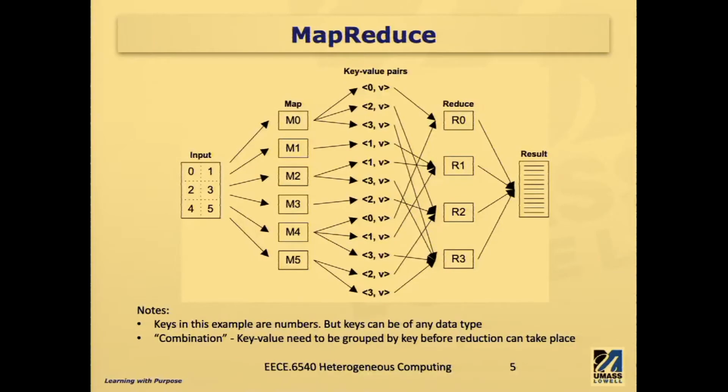And so if for some reason the input data from the original problem assigned to M1 does not have information related to key value 2, or keyword 2, then of course the output from M1 will not have that key value pair. So when this mapping stage happens, all these 6 processors or computers are working at the same time. So you expect that these key value pairs will be produced almost at the same time.